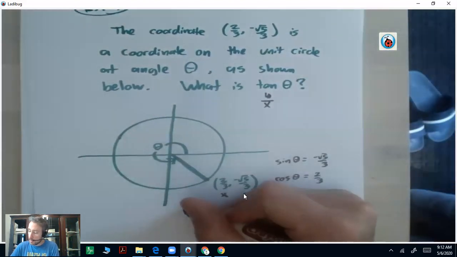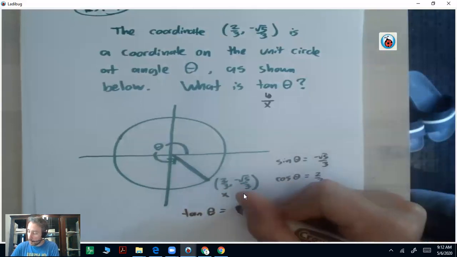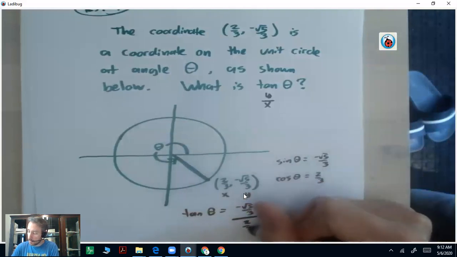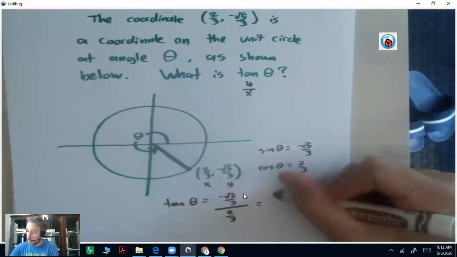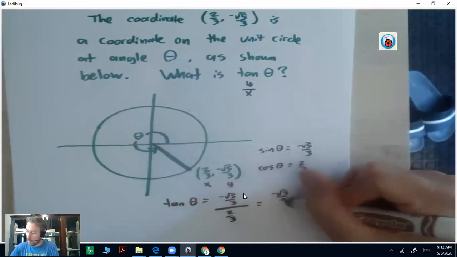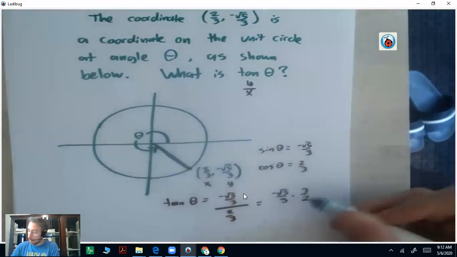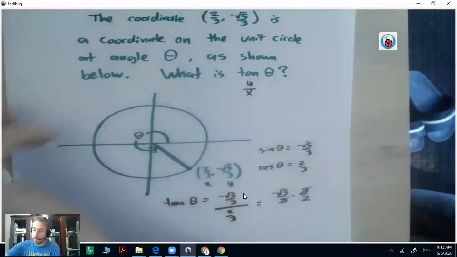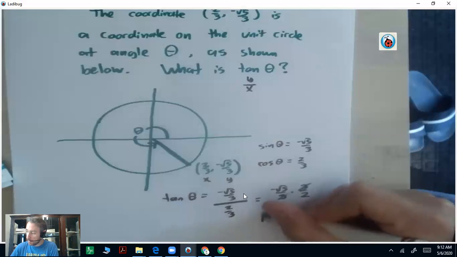So tan of the angle is negative square root of 5 over 3 divided by 2/3. And that's going to be negative square root of 5 over 3 times 3 over 2. The 3's will cancel out, and the negative square root of 5 over 2 is going to be my final answer.